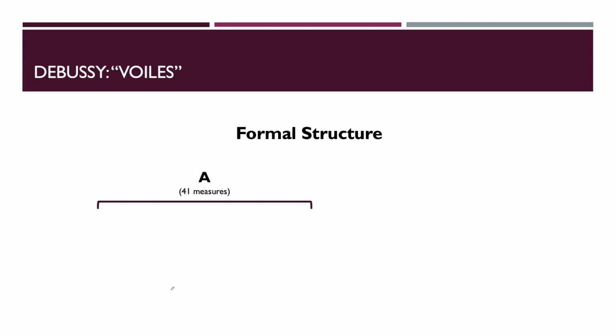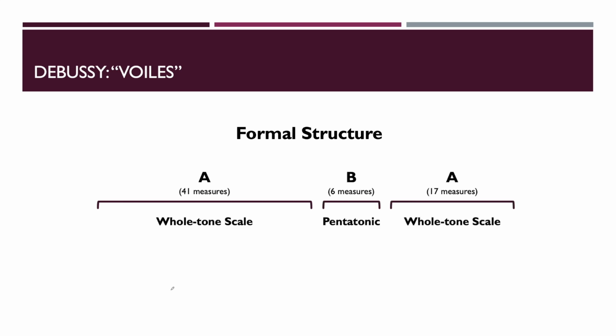We talked already about the formal structure of Debussy's piece. It is a ternary structure, ABA, ABA prime actually, and A section uses whole tone scale, B section uses pentatonic scale, and A section, again A prime section, uses whole tone scale.